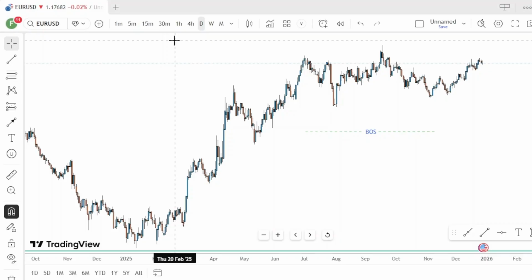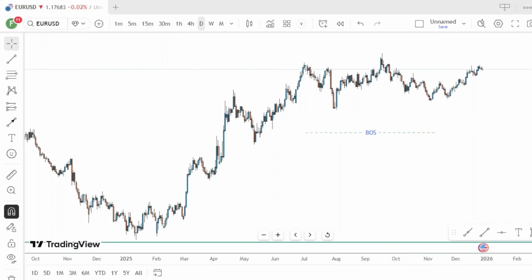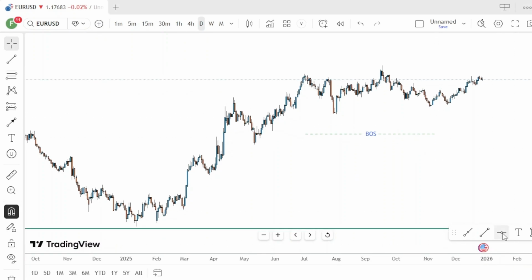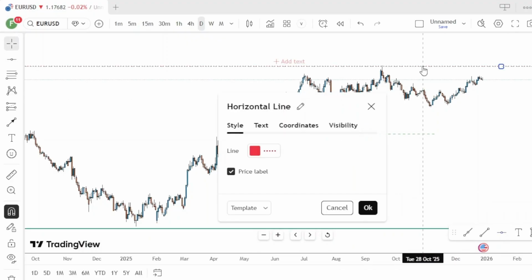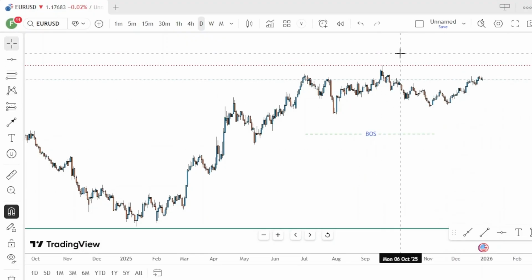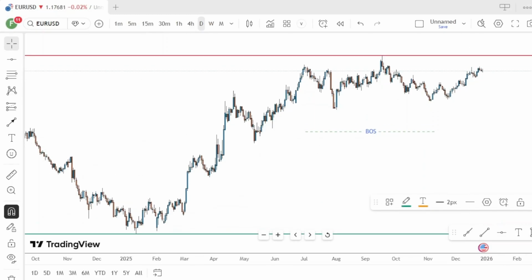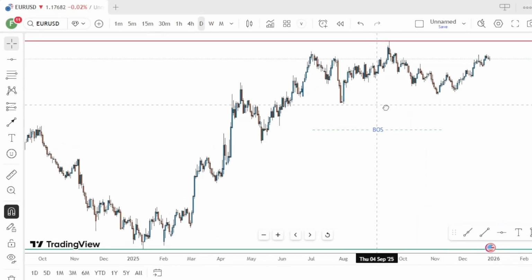Once I open up a chart, I'll be using a chart of EURUSD to explain this. What I do is, it's very important to know the extreme high. That is very important for me. Once I determine the extreme high, I will also determine the extreme low, which is this. Once that is sorted out, interpreting the chart becomes easy.